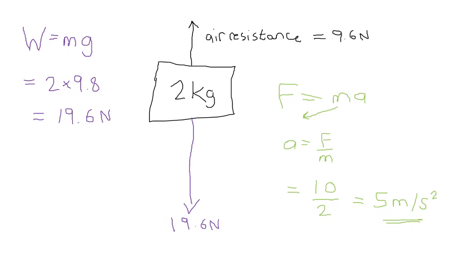Obviously, the object will naturally speed up and the force of air resistance will increase until the point that it equals and opposes the weight, by which point our resultant force will be 0. If you divide zero by anything, you will get zero, and that will be the point where the object is not accelerating, it's moving at constant speed, terminal velocity.